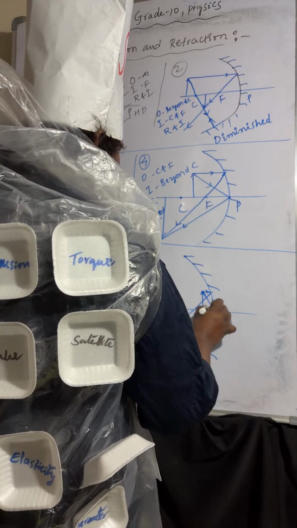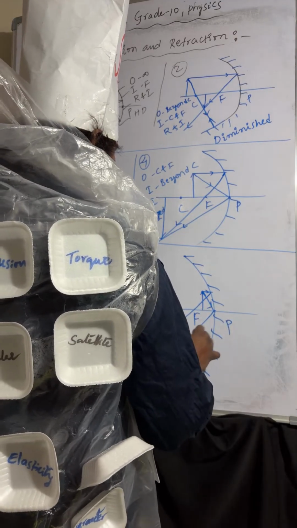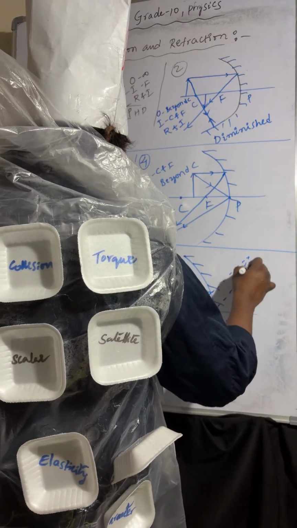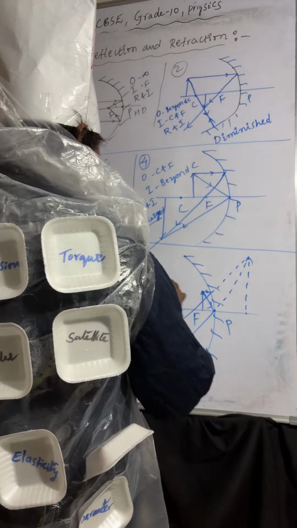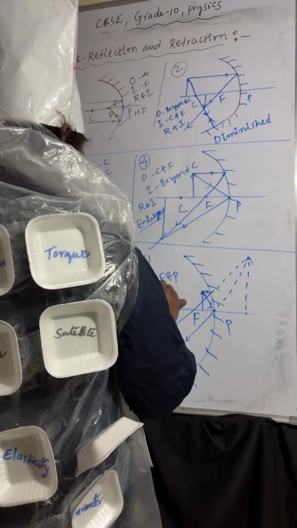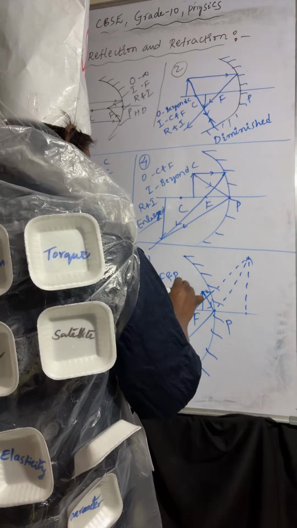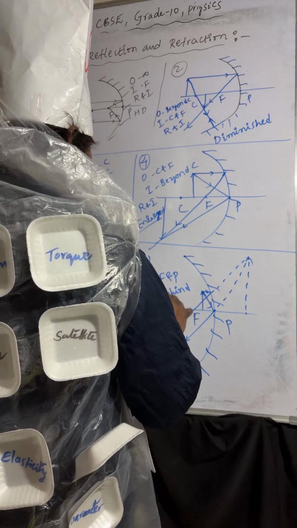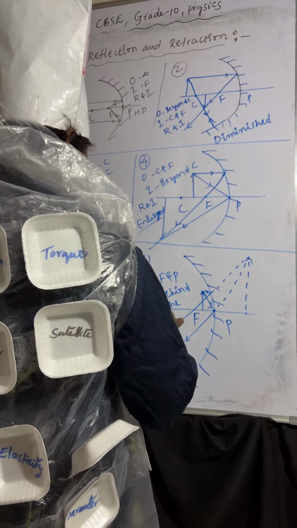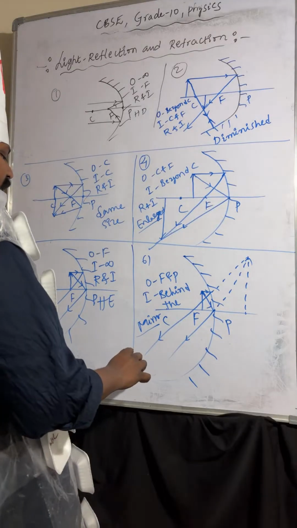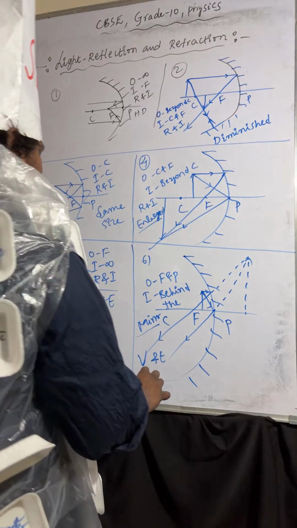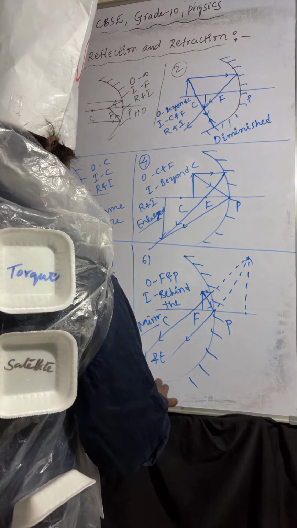Another light ray is incident at the pole. It reflects back. If you extend these light rays, the extended rays meet at one point. So object is placed between F and P, image is forming behind the mirror. Nature of the image is virtual and erect, and size of the image is enlarged.